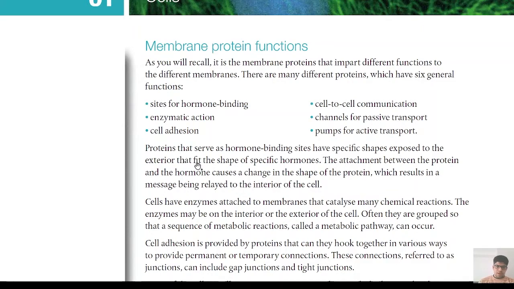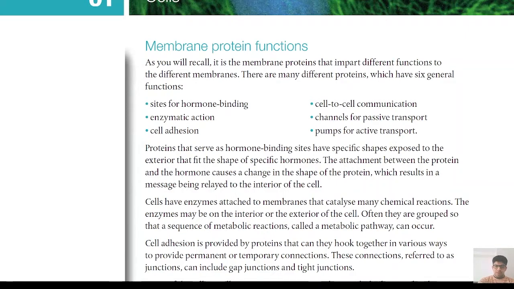Proteins that serve as hormone binding sites have specific shapes exposed to the exterior that fit the shape of the specific hormone. The attachment between the protein and the hormone causes a change in the shape of the protein, which results in the message being relayed to the interior of the cell.